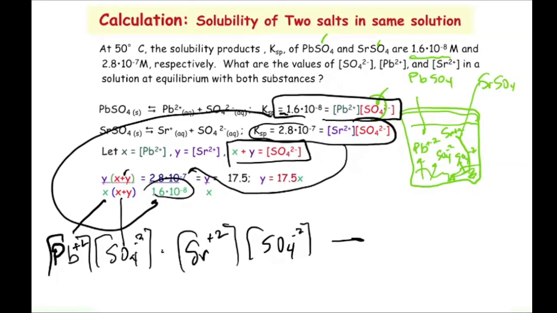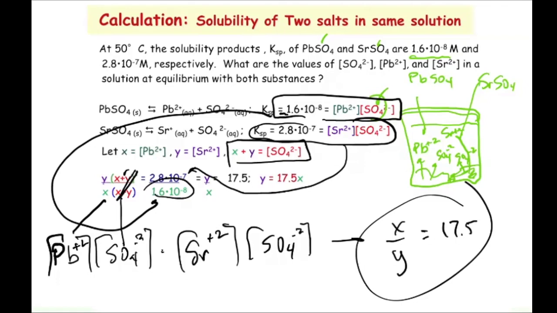So this is essentially what we have. These two will cancel, because X plus Y in the numerator and X plus Y in the denominator cancel out. And so what you have is just X over Y equals 17.5. Isn't that an easy math problem to solve? X is just 17.5Y.